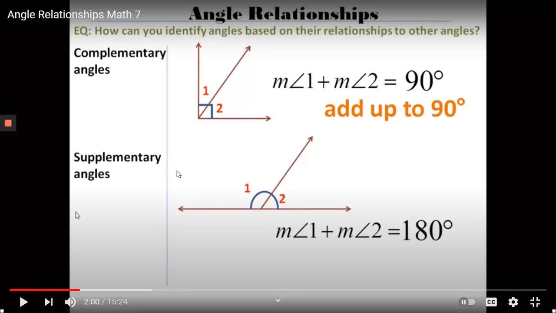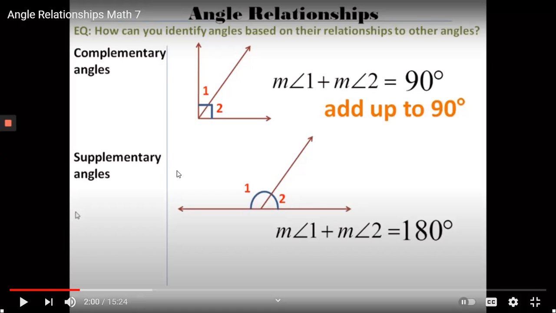Could you please tell me the second relationship? We studied two relationships between angles till now. The first one is complementary angles. The second one is supplementary. What do you know about supplementary angles? The first angle is acute, the second is obtuse.